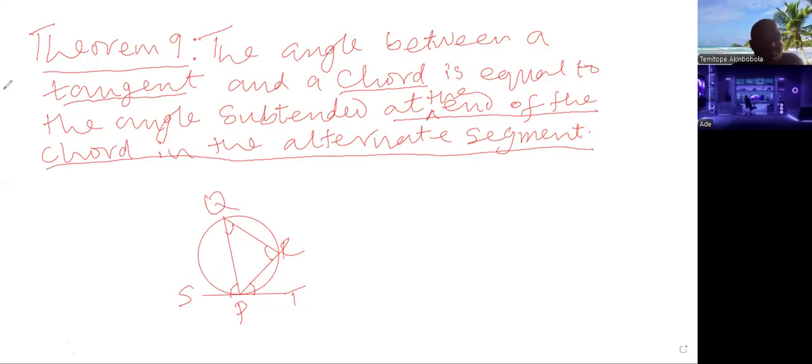Let me change the color to demonstrate that. Let's take blue. Now, if this angle here is A, then this angle here will be A. Let me go back to the statement. The angle between a tangent and a chord.